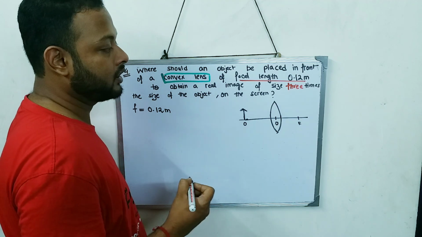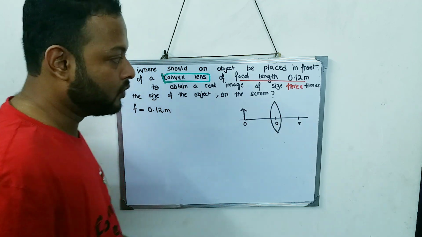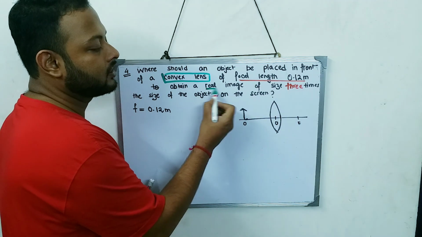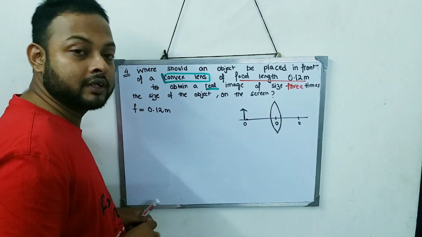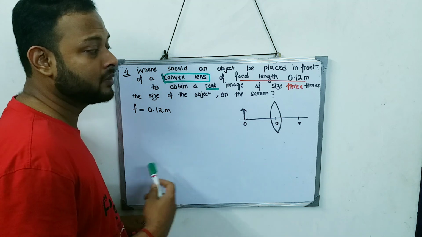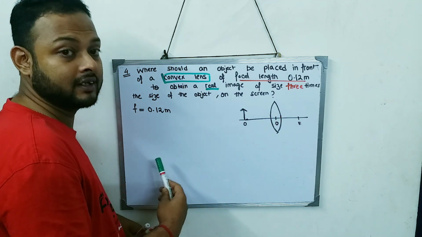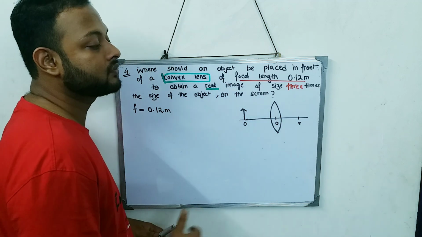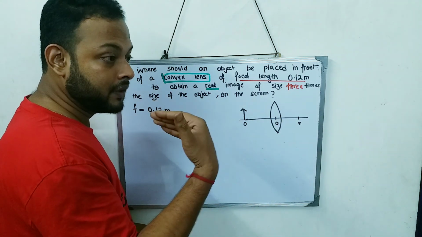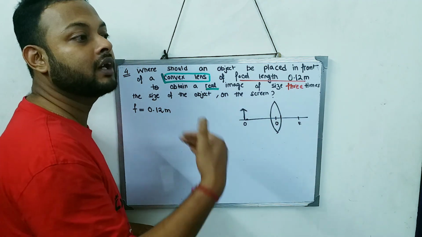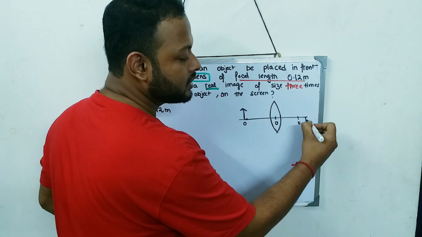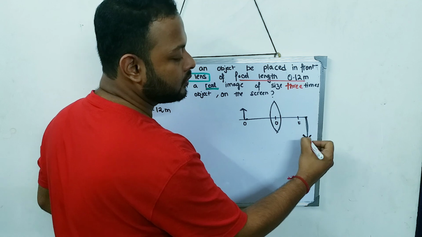Now very important, you have to focus on this word: real image. In the previous sum we had a virtual image, that is why it was forming on the same side. Now we are having a real image, and real images are always formed behind the lens, on the other side of the lens. So this is the place my real image lies.